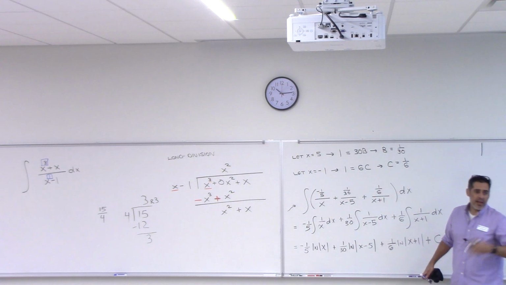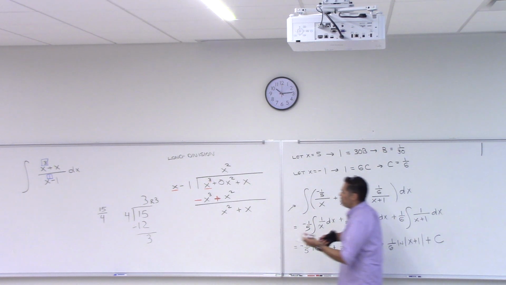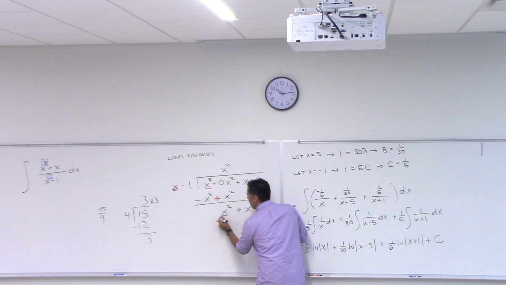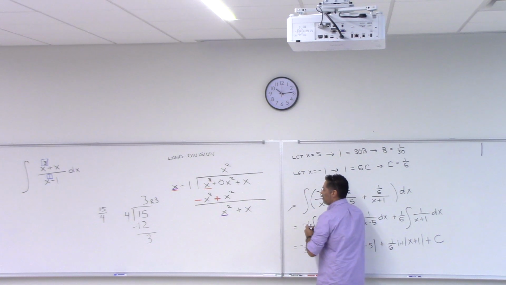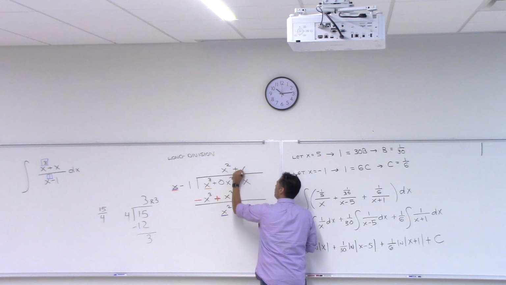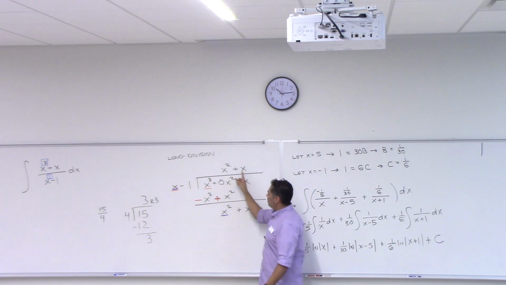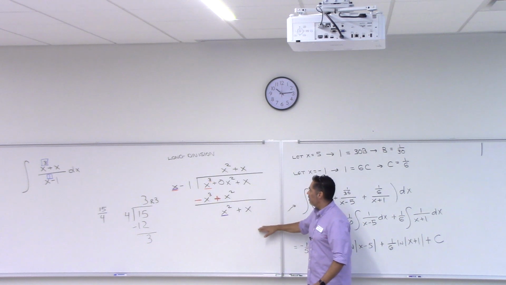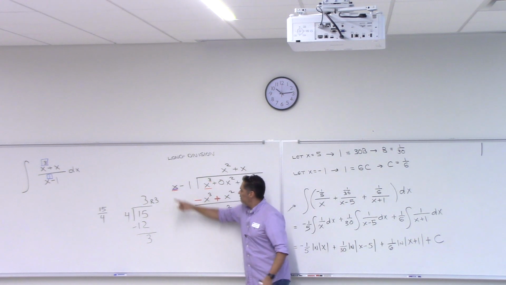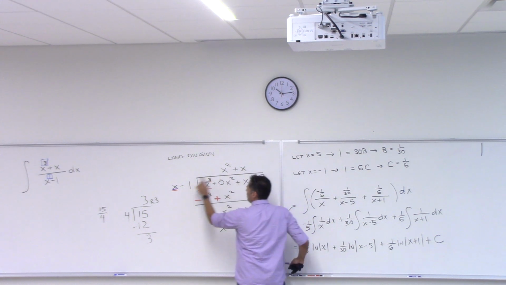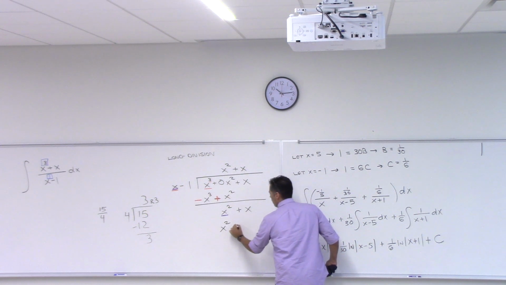And now you play the game again, but now you're looking at the x here, and you're saying, what does it take to turn it into x squared plus x? Put that here. And then you do the same thing. You do x times x, and then x times negative 1, and you put those under here. So x times x is x squared, and x times negative 1 is negative x.